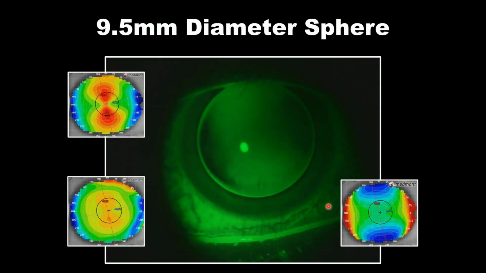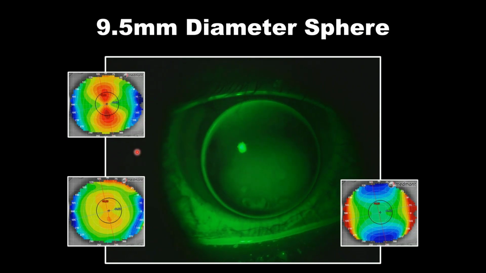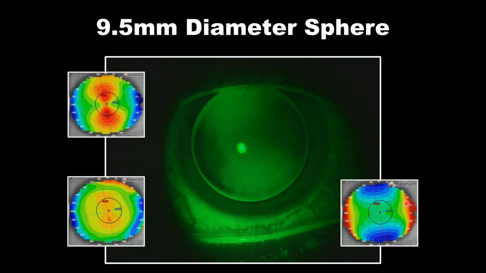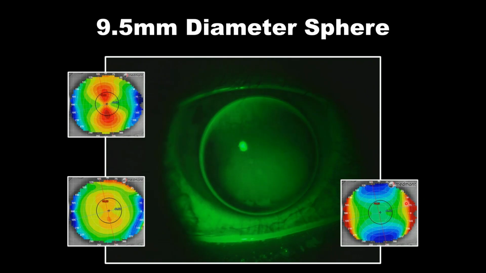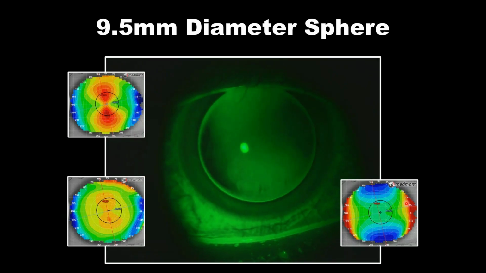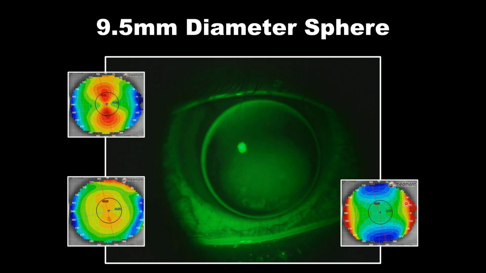Just what the elevation map told us. So taking this high corneal astigmatism, placing it on this patient with this severe elevation change, we notice what happens with the spherical lens. It lands at 3 and 9 o'clock, but of course it has nothing to align it across the vertical meridian. So the lens is going to rock back and forth, it's going to float around, it's not going to be very stable.